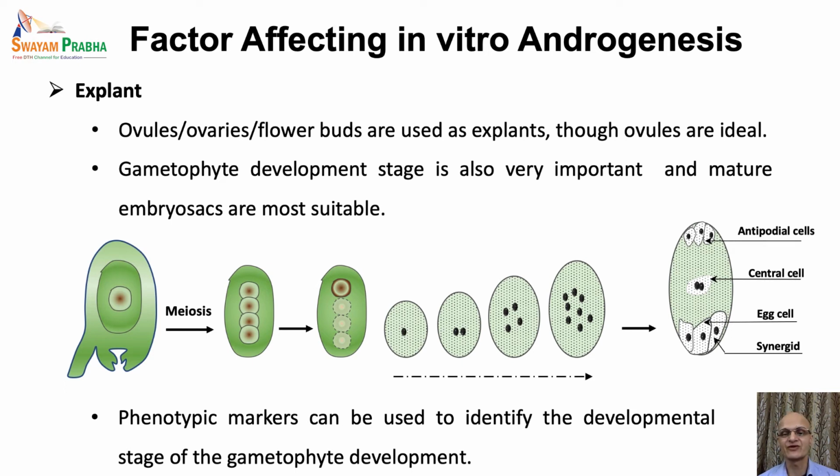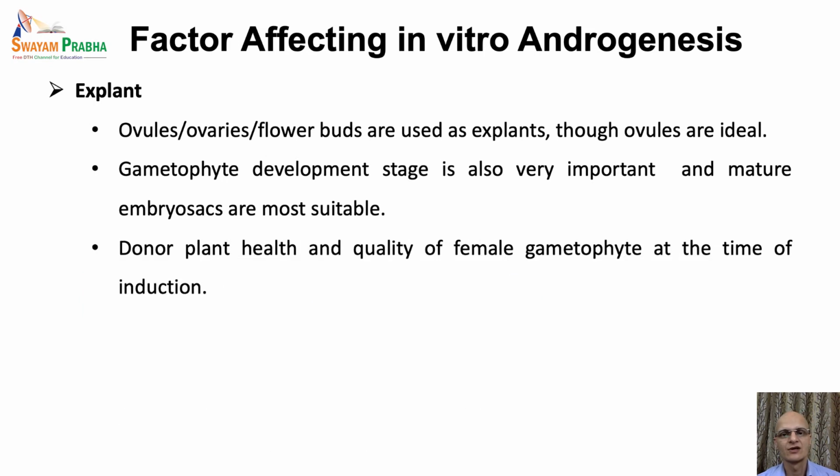Then the size of the buds or the time with respect to anthesis can also be used. So in this way, various phenotypic markers have been developed that help to identify the developmental stage of the female gametophyte. However, these markers differ significantly among different plant species.